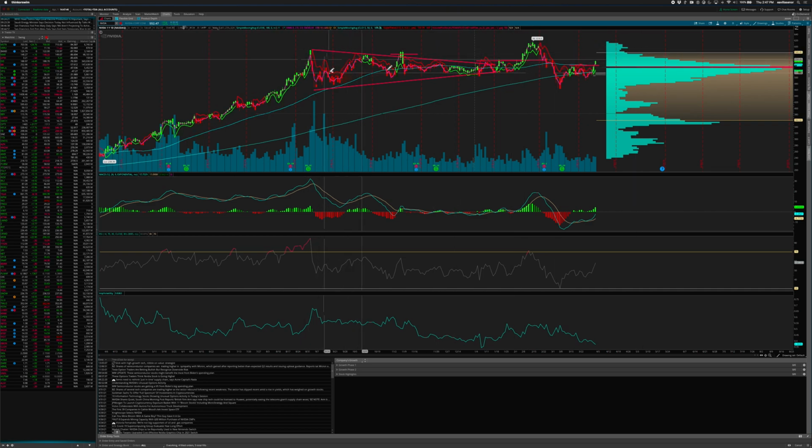So when you see something like this where it has lower highs and higher lows, it's forming an ascending triangle. Once it breaks out of that triangle pattern, it can break out bullish or bearish. And I'll show you an example of when it doesn't work out and it goes down.